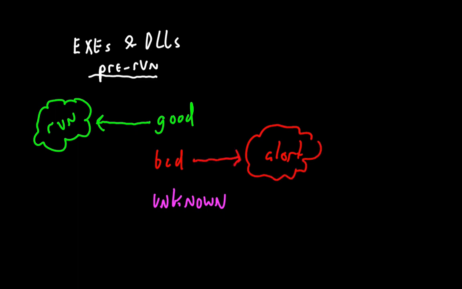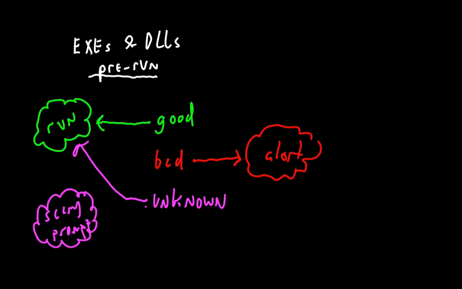Well, what happens in the case of unknown? And again, that is dependent on the configuration of the product. In some cases, unknown is a default where it's just treated as good and allowed to run. In other cases, unknown is an opportunity to raise a scary prompt and to really warn the user and say, hey, I don't know, are you sure you want to allow this to run?